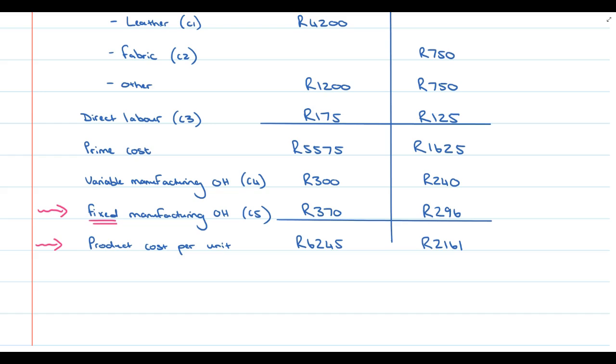So remember, that's overly simplistic. If we want to cost these products more accurately, we could use activity-based costing. And what we would do with activity-based costing is, instead of just calculating one allocation rate, we would break the overhead down into the various different components that it's made up of, and we would calculate many different activity rates.